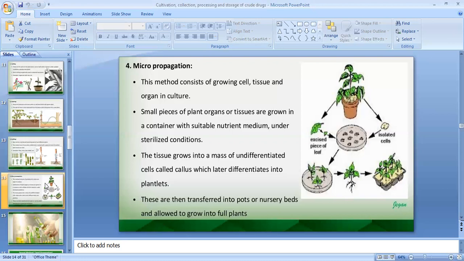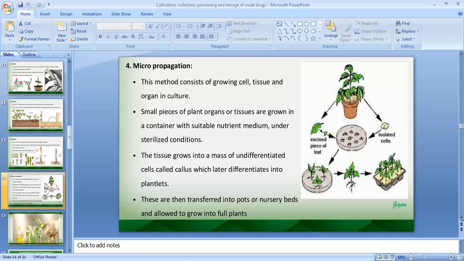This is the picture of micropropagation. First, we isolate the plant cells. Then grow them in a suitable culture medium. The plant cells are converted into callus, and the callus is differentiated into plantlets.